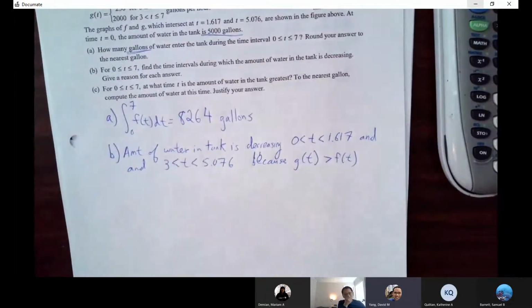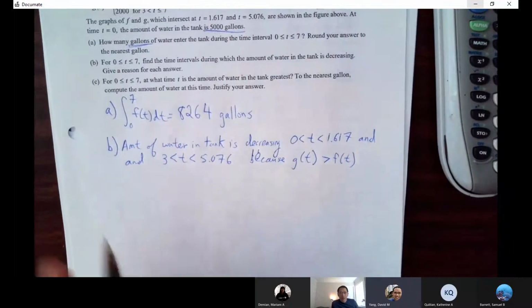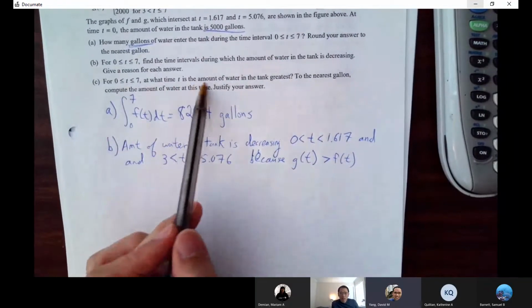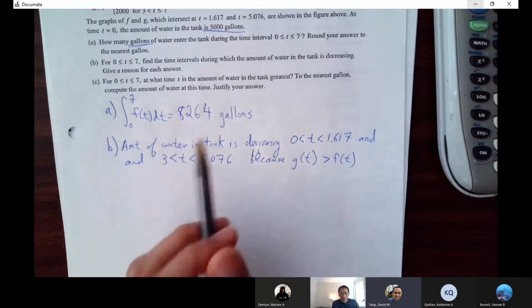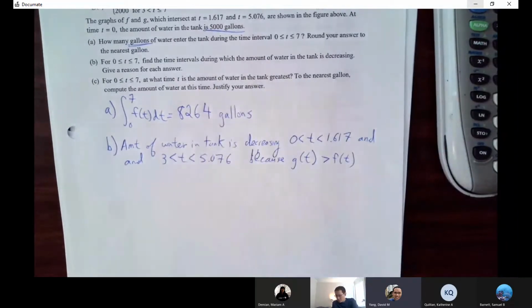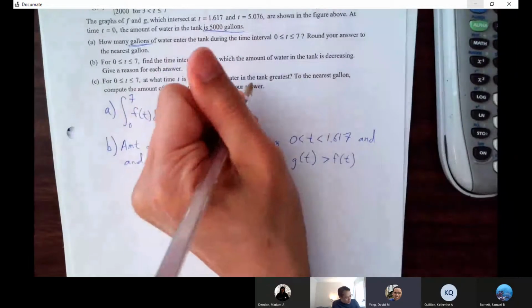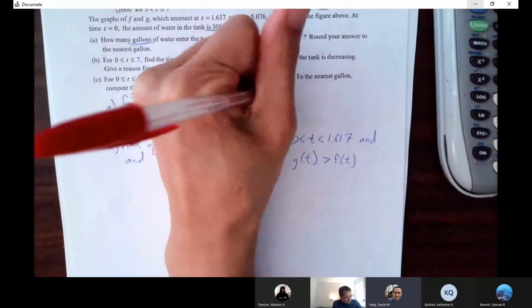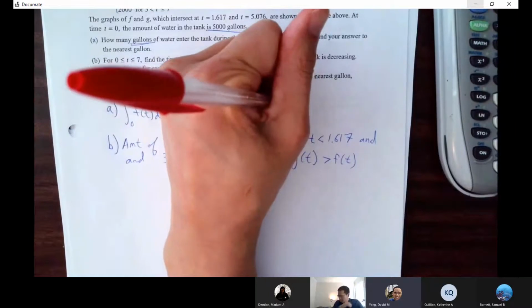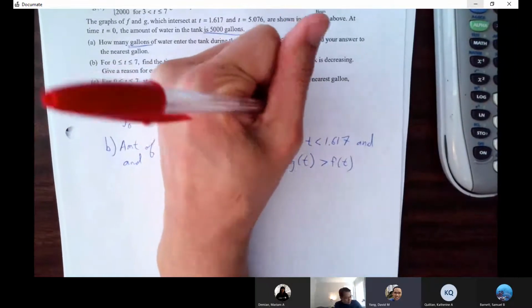Part C. For time between 0 and 7, at what time is the amount of water in the tank the greatest? So here we see we're trying to find the absolute max. So anytime we're looking for absolute max, we have to involve EVT.